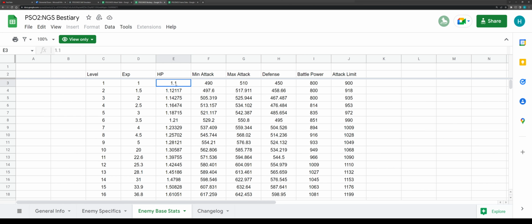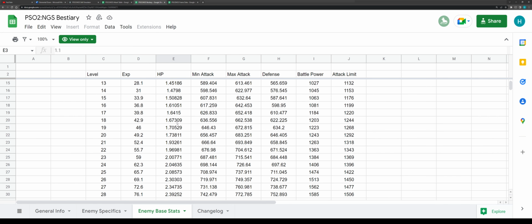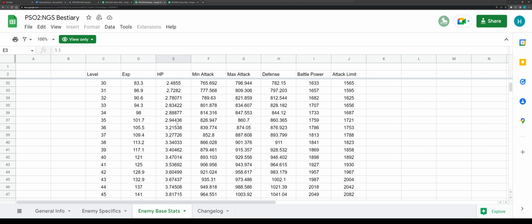But it doesn't matter. That's a level 1 Bujin. Imagine that you fought Bujin at the current max level, which is 45. Bujin's health is going to increase 3.8x roughly. So 12,000 times 3.8x, which means its down threshold for both physical and elemental is also going to increase by that amount.